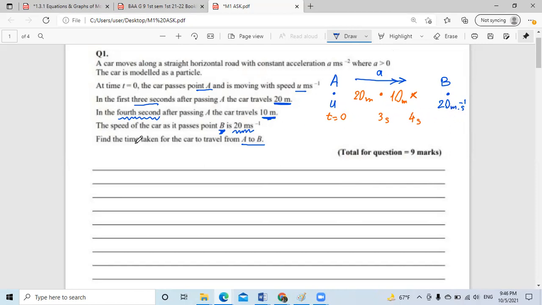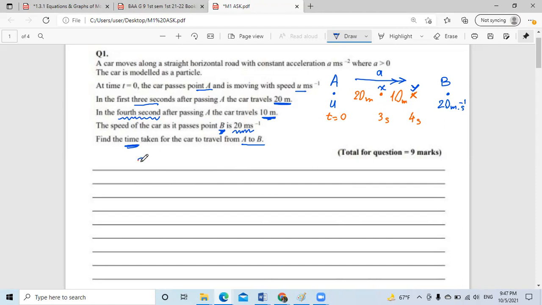Now the question asks about the time from A to B, the whole time from this point until it reached the point B. We don't know how much it is. But let's call this point X and this point Y. I will use the equation that relates acceleration, distance, initial speed, and time, once from A to X and once from A to Y, and I will find two unknowns, the acceleration and the time, using two equations with two unknowns.